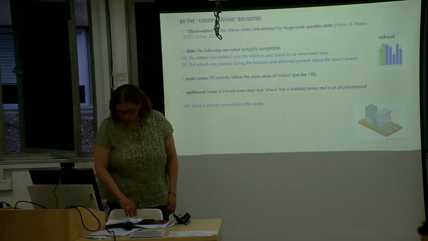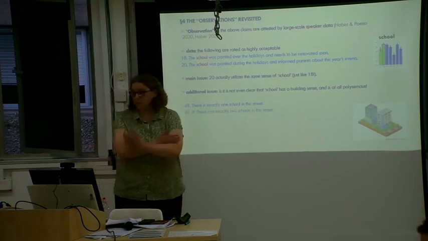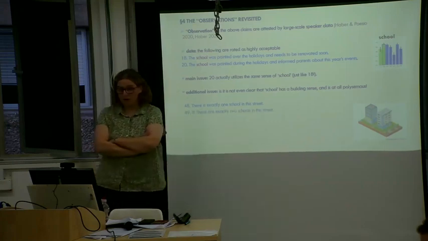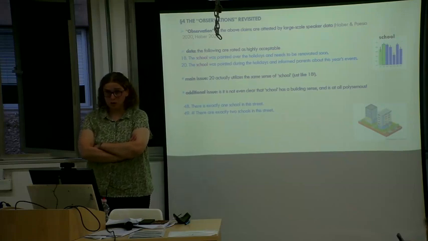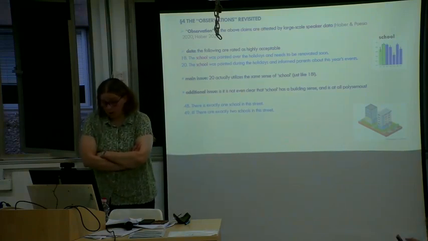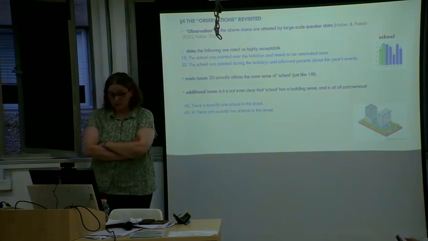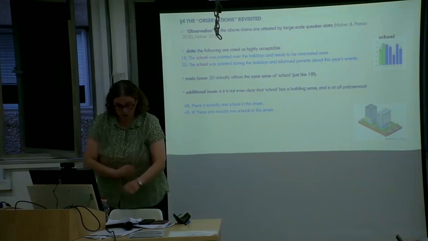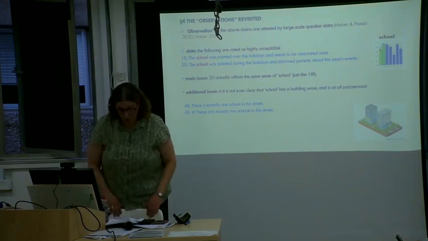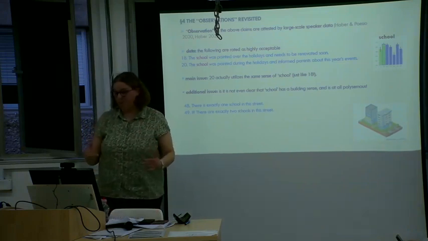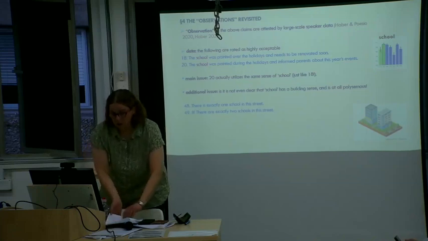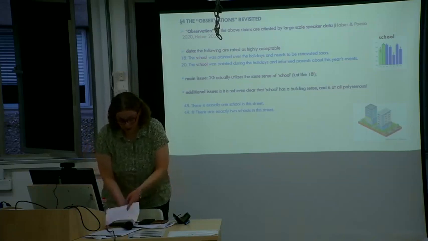But if school has a building reading, we would have also expected there to be a true reading of there are exactly two schools in the street. To my mind, there isn't a true reading of the sentence in this scenario. So this suggests that maybe school doesn't at all have a building sense and is not even a case of polysemy.